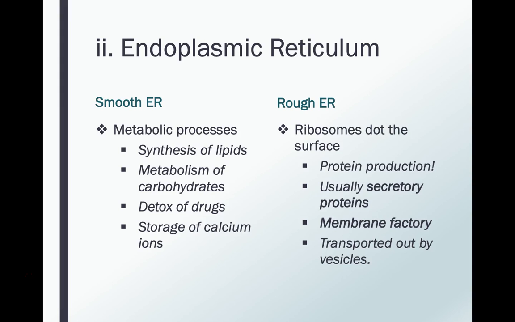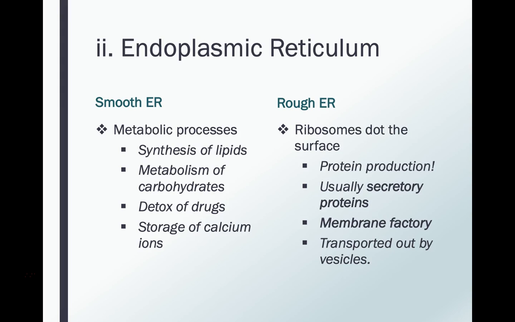There's also synthesis of steroids, sex hormones, things like that. The endoplasmic reticulum will also produce phospholipids for repairing or replacing parts of the membrane. So a lot of biological molecule synthesis and metabolism is going on there.